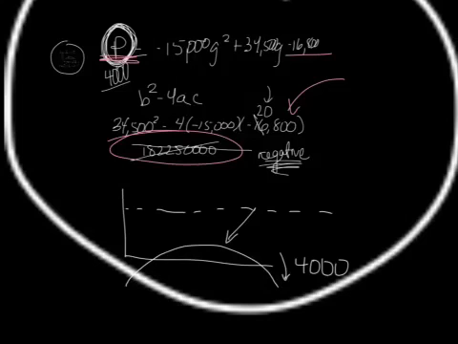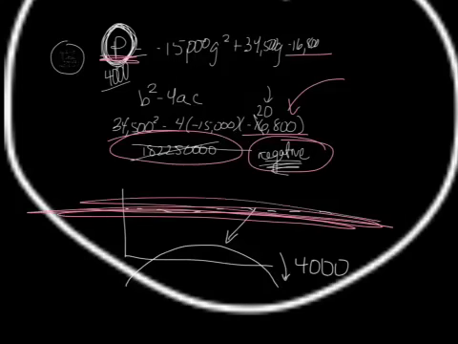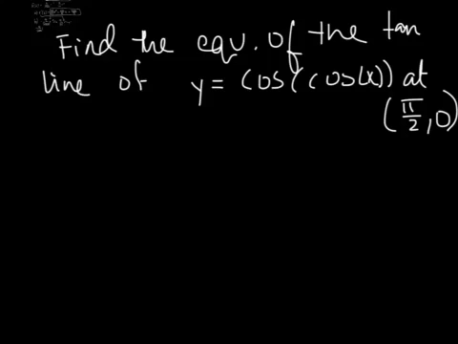However, when I showed that there was a $4,000 profit, my discriminant became negative, which means my quadratic never reached 4,000 because I have two complex solutions. So since I never reached 4,000, I couldn't possibly have a profit of 4,000 no matter what I did for a daily value.